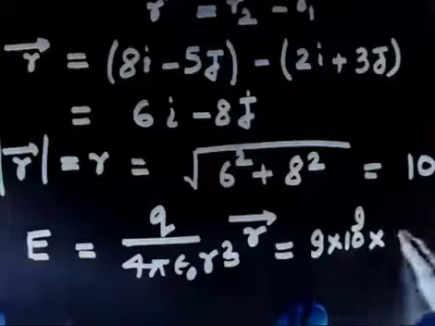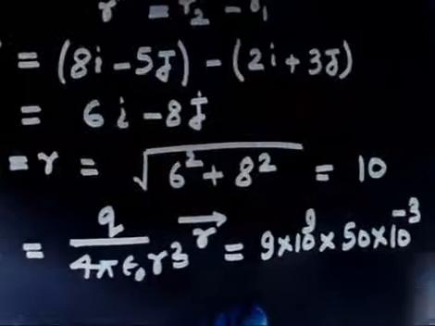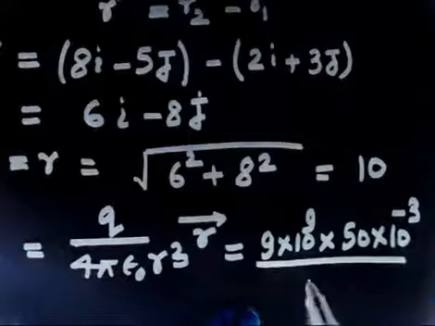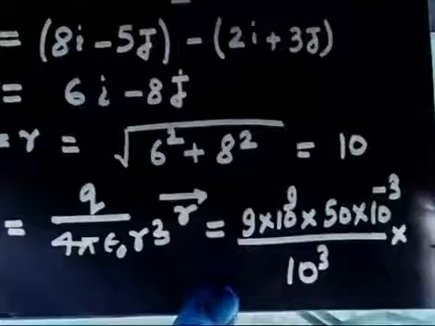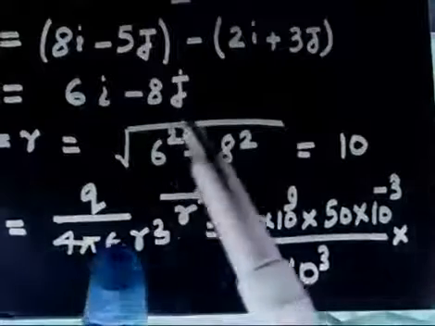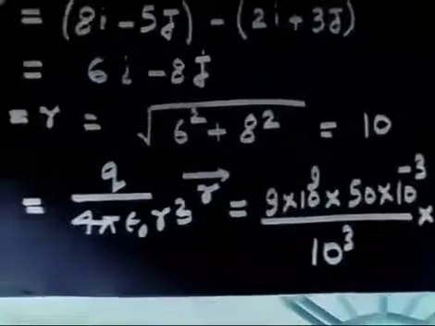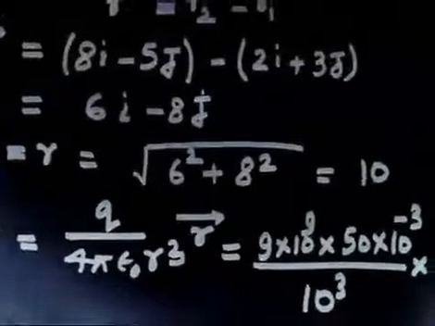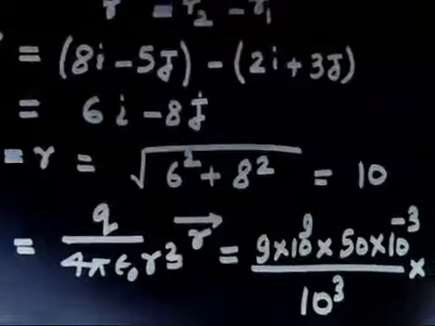This is divided by r cube, where r is 10, and multiplied by the vector 6i minus 8j.